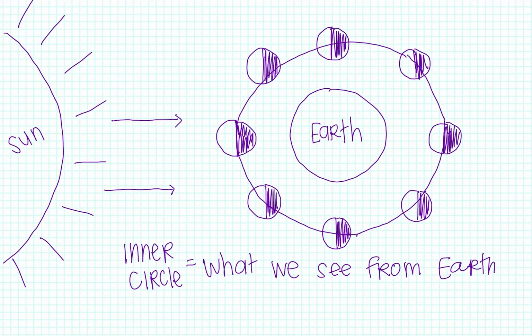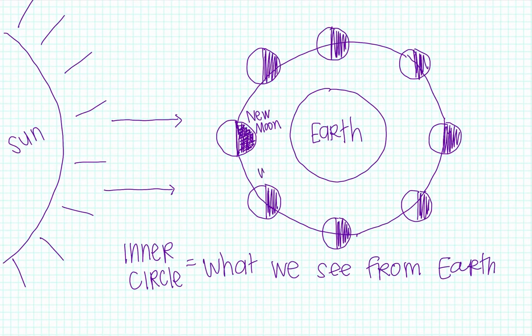So if it's on the outer part, even if it's lit up, that means that we cannot see it. So looking here, we have our new moon, and from Earth, that means that all of this is black and we cannot see that shadow part.